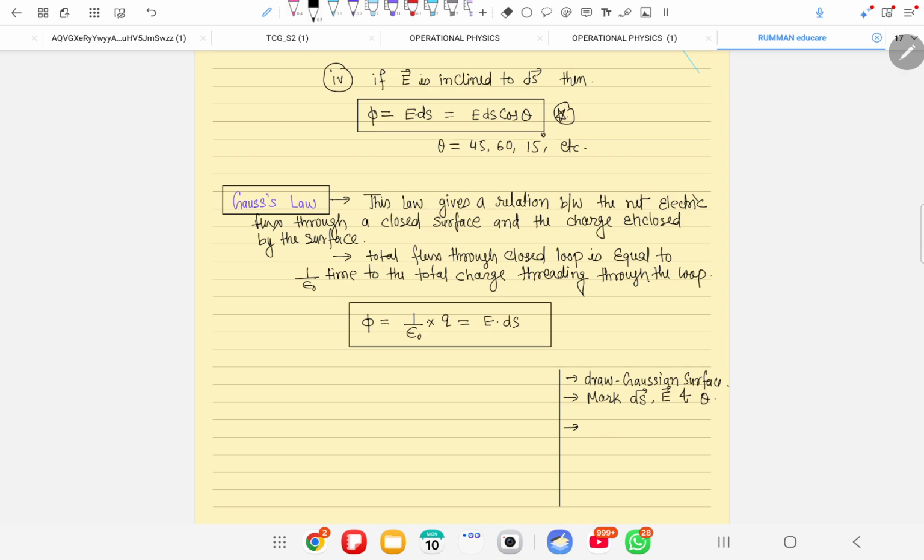Next, the total charge enclosed. And then lastly apply Gauss theorem.